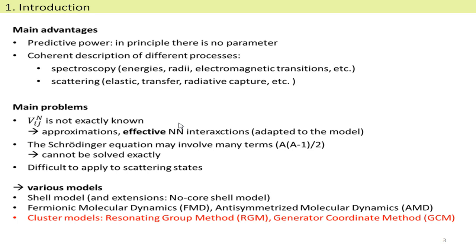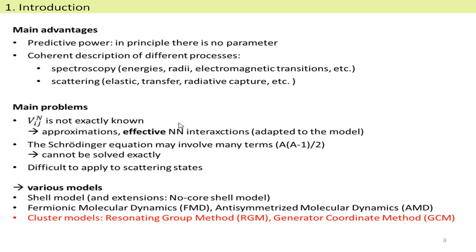And in scattering, of course, the simplest is elastic, but you have access to transfer and radiative capture. And this is one of the reasons why these models are widely used in nuclear astrophysics, because you have access to transfer and radiative capture reactions.